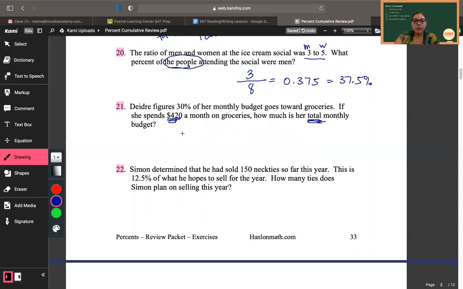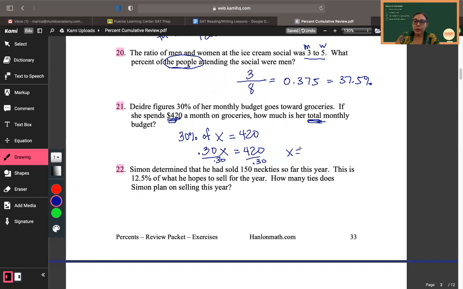Here I'm going to say 30% of her monthly budget, but I don't know what her monthly budget is, so I'm going to make that X. And that 30% is equal to the 420. So I can make this into an equation: 0.30 times X is equal to 420. And I can solve it just by dividing by 0.30 on both sides.